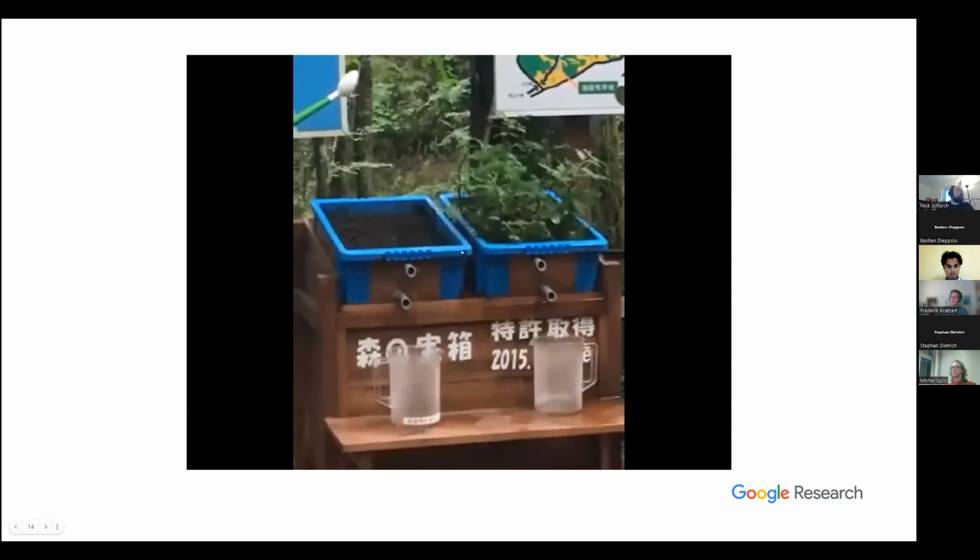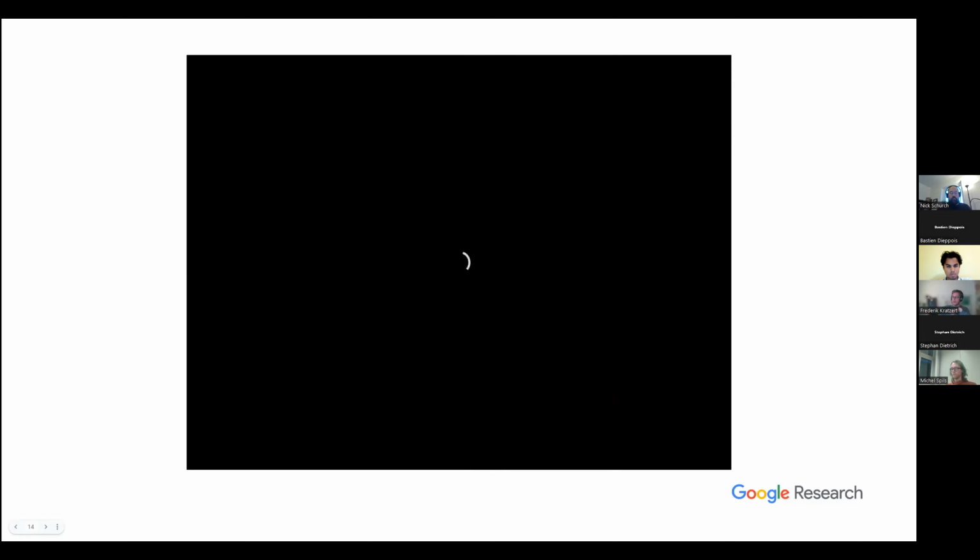Okay, so these two boxes stand for two catchments with the same size, the same slope, two catchments that are very similar in shape and everything. And they get the same amount of meteorological forcings applied, right? They have the same room temperature and they get water through watering cans. The only difference is that one of these boxes has plants growing in it. Okay. One has plants, the other one has bare soil.